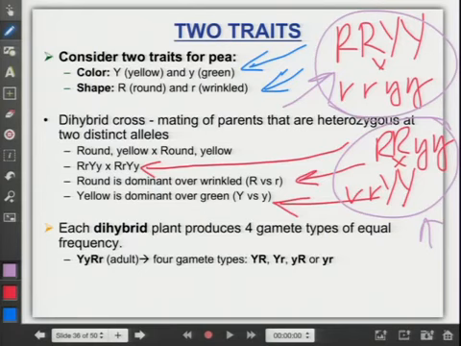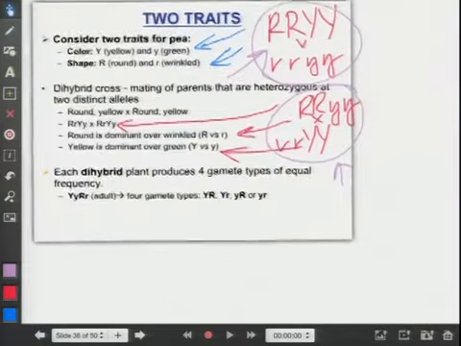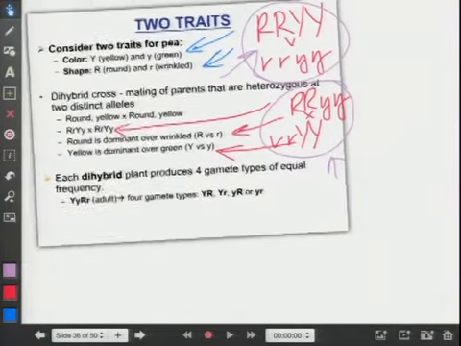Okay. So to make our Punnett squares, this is where sometimes people get a little crazy. It's the same idea as for the monohybrid, but we have to deal with two different genes and the combinations of gametes that could be made from that. So, let's go back. Let's squeeze this up here a little bit.